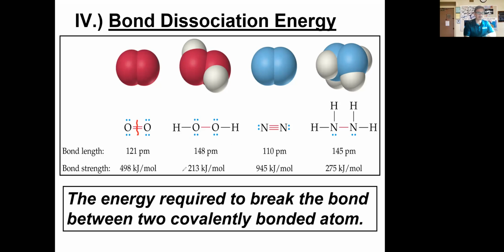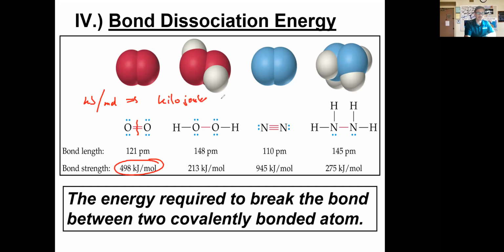So it's going to take a certain amount of energy to separate those two and break this oxygen-oxygen bond. And the energy that is needed is 498 kilojoules per mole, kJ over moles, kilojoules per mole of molecule. Now, you know what kilo means, that's 1,000.